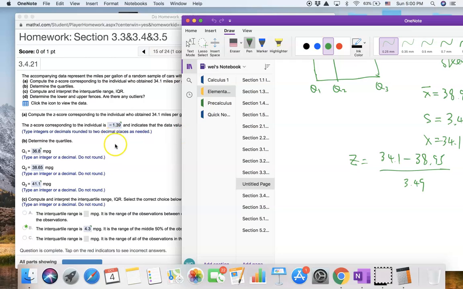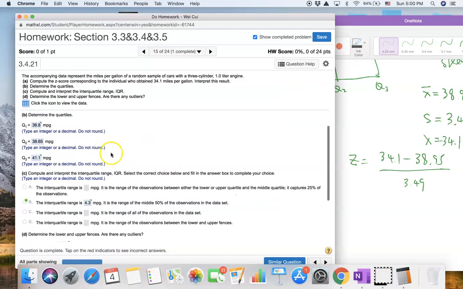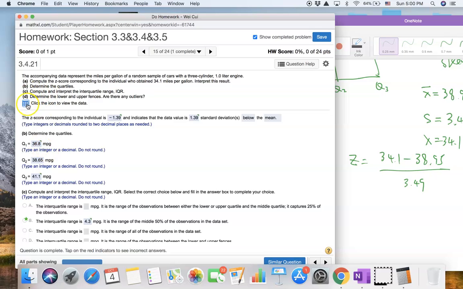If the z-score is 2, that means the value of the data is 2 standard deviations over the mean. If it's negative 2, then the data value is 2 standard deviations below the mean.